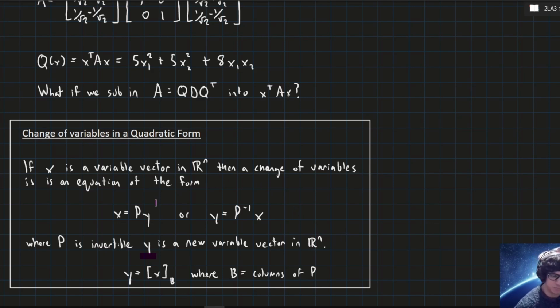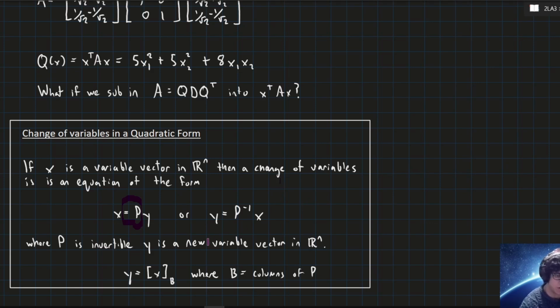If we want to change variables from x to y, what we do is we relate them by an invertible matrix. This should be familiar. This is how we wrote vectors in terms of some basis, where the basis columns were in P. It's the same idea here.